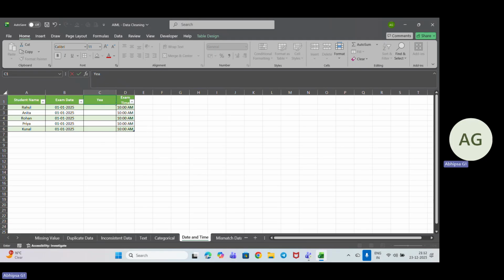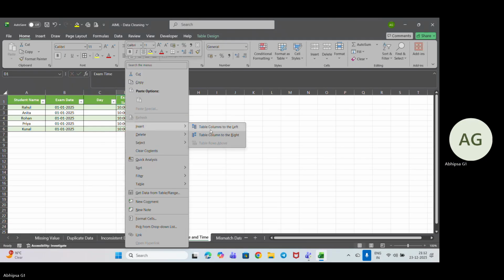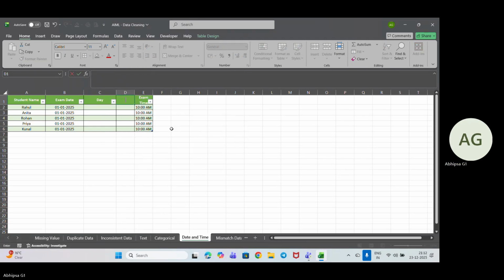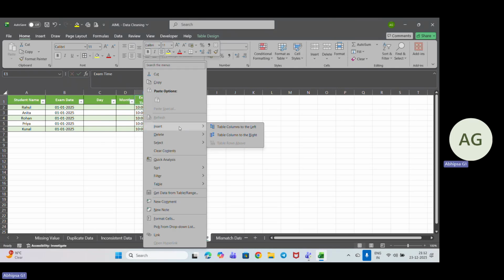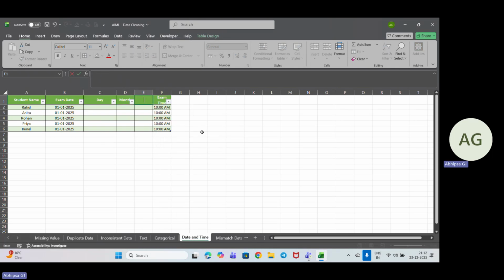Suppose first we have the day, then we will be having the month, and then we will be having the year, right? How will we be getting it? The day would be one only because the dates are the same.